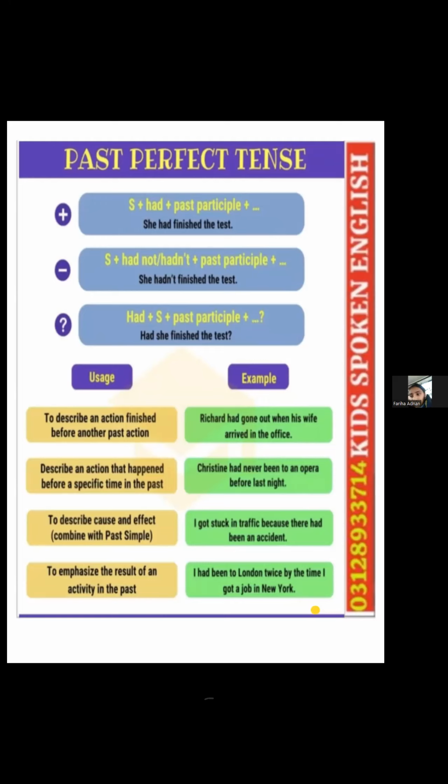Yeah, you have to use the past simple, okay? With past perfect. In the other sentence, you have to use the past simple tense. You don't have to make a long sentence. You just need to make a short sentence, just like it is written here. She had finished her test, like this. One line sentence. Okay?